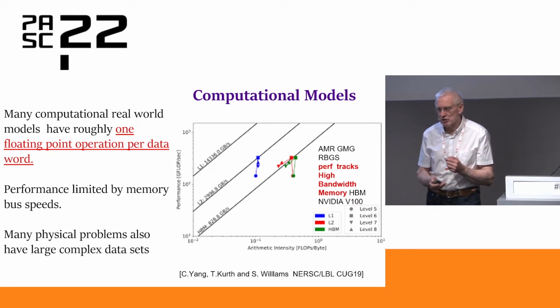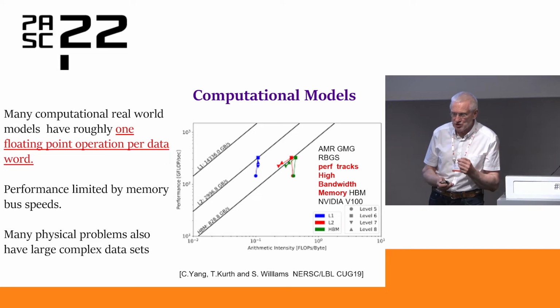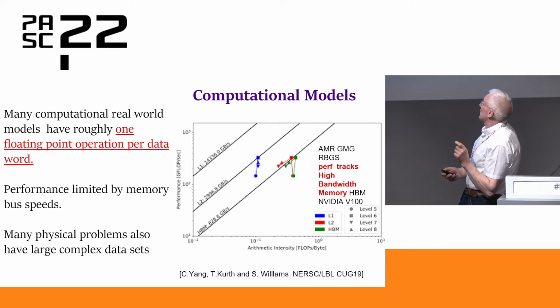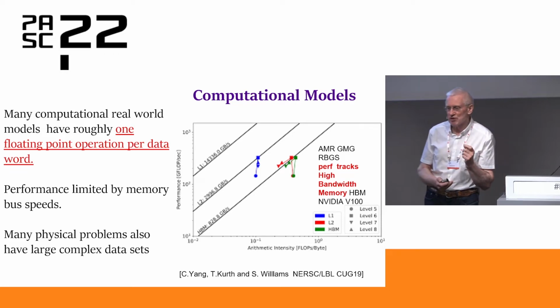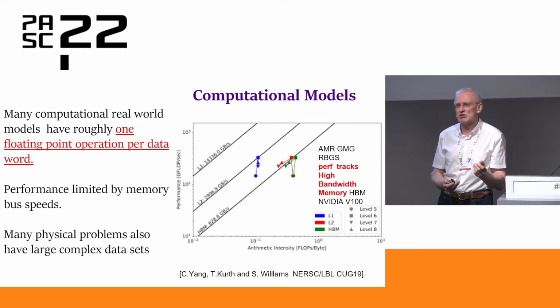The graph on the right shows some results from multigrid. It's a bit difficult to read, but the green is high bandwidth memory, showing the different levels from multigrid, and essentially the performance tracks high bandwidth memory, which is that transmission rate that I showed you for GPUs.